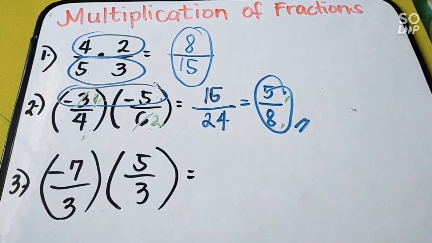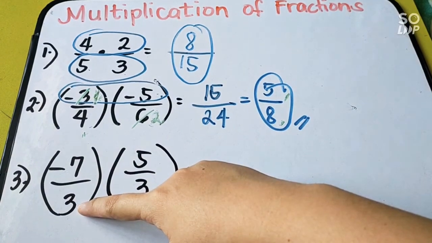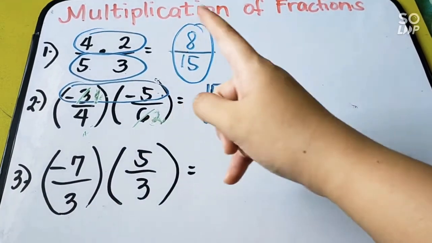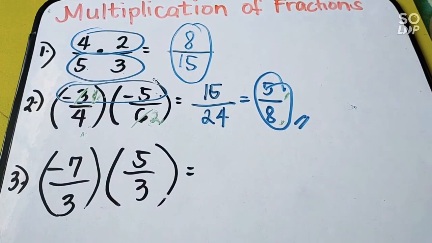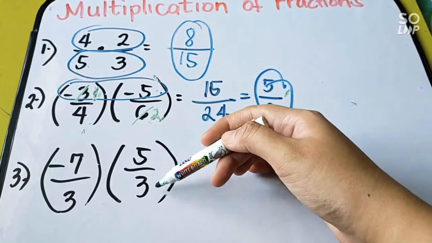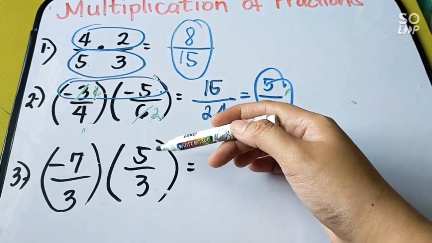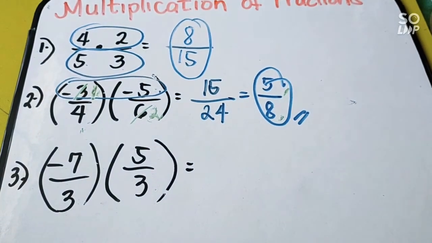For number 3, we have negative 7 over 3 multiplied by 5 over 3. As you can see, we have 7 over 3, hindi sila divisible, then 7 over 3 here, hindi rin sila divisible, 5 over 3, hindi divisible. So, we cannot have a cancellation.